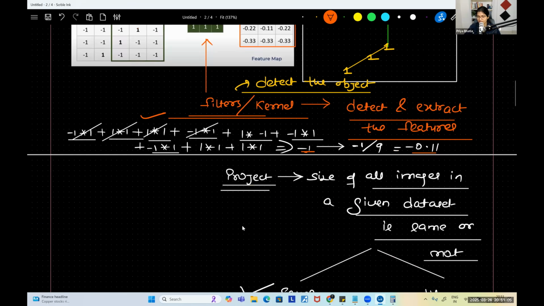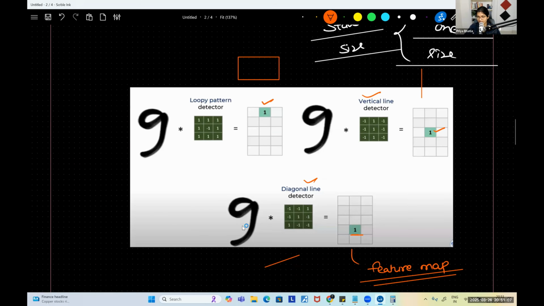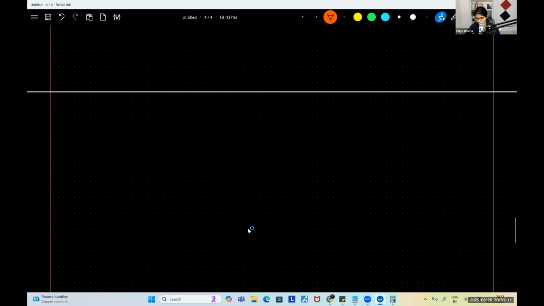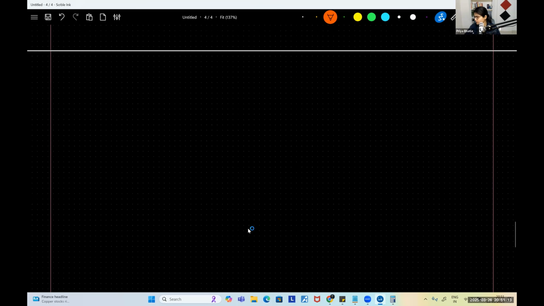Now, the next important concept is the concept of pooling. But before that, with respect to the convolutional neural network, there is a very widely asked question. Let's say I am providing you an input image which has a size of 5 cross 5.